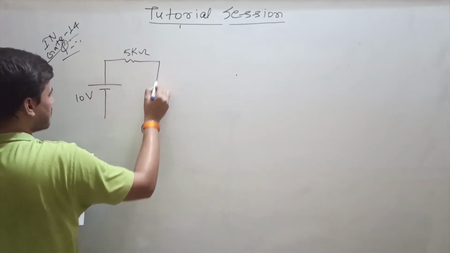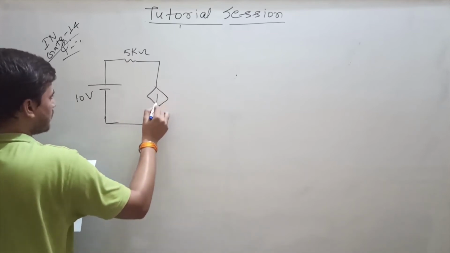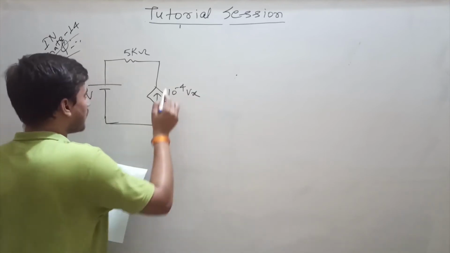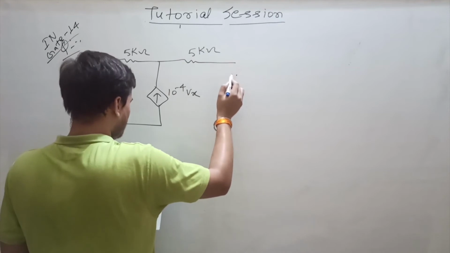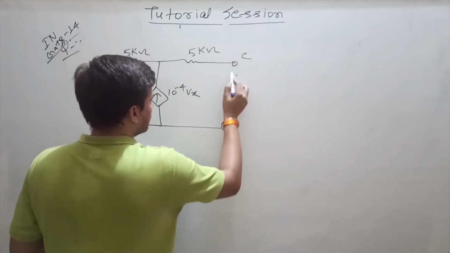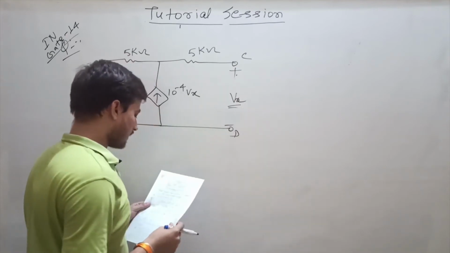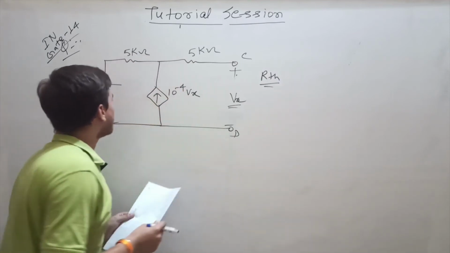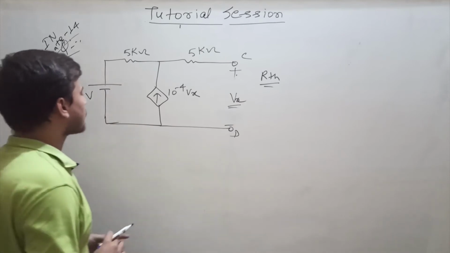This is a dependent current source, 10 to the power minus 4 Vx is the value of this current source. This is 5 kilo ohm. This is C, this is D, plus minus Vx. You have to find RTH. So let us see how to find RTH.